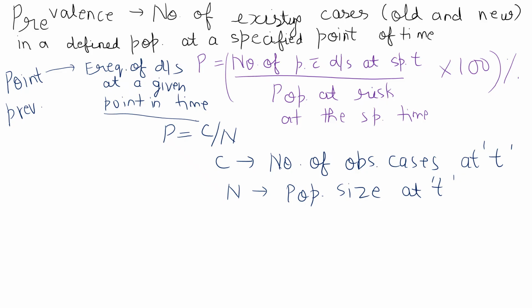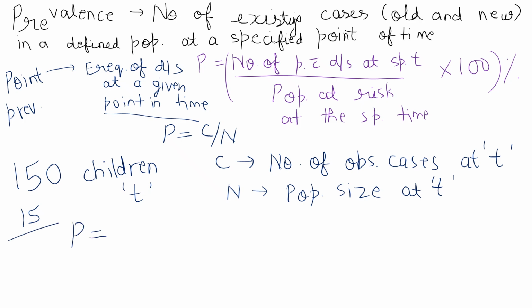Okay, I'll explain it with an example. This will become easy for you. Suppose we have 150 children in a school. Screening for refractive errors like hypermetropia, myopia, anything. Screening of refractive errors at time t. 15 children require glasses. So the prevalence of refractive errors will be C by N. Number of observed cases, how many people require glasses? 15. And what is the population size? 150.